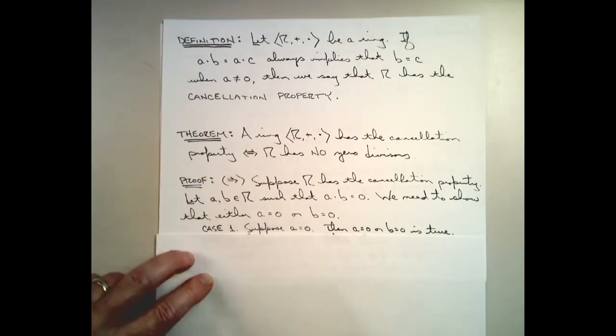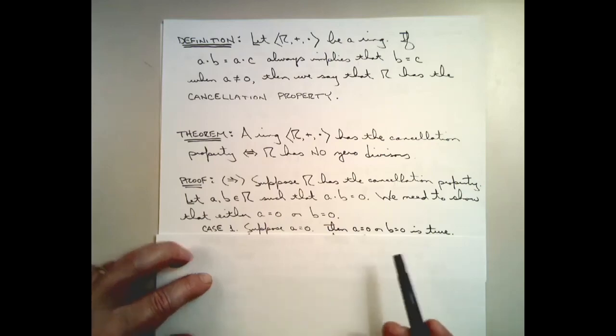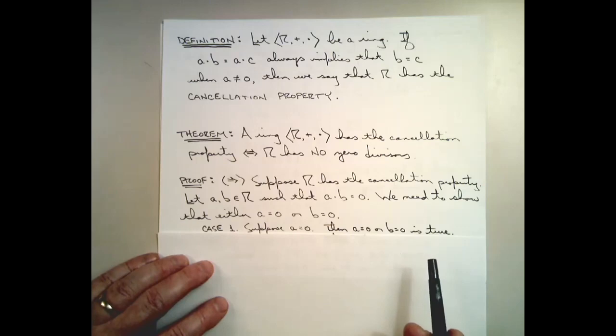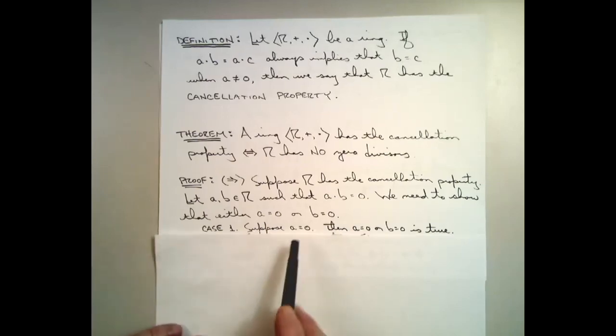Certainly it's either zero or it's not. And so if I can prove in both of those cases that my conclusion is satisfied, then I will have done what I set out to do. Again, case one supposes A is zero. Obviously, my conclusion is true.